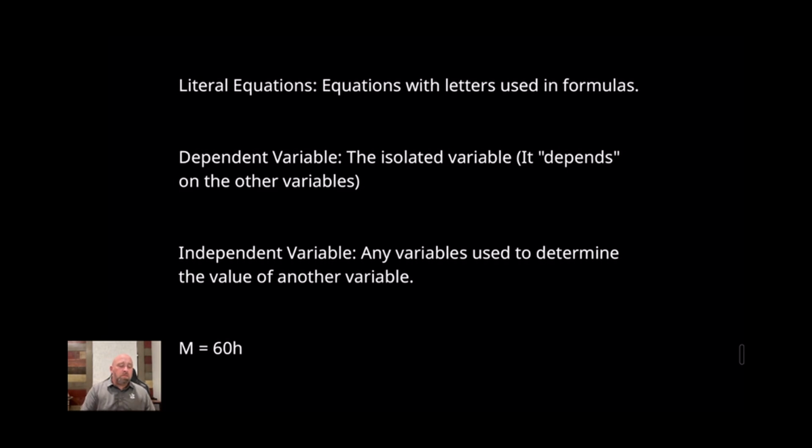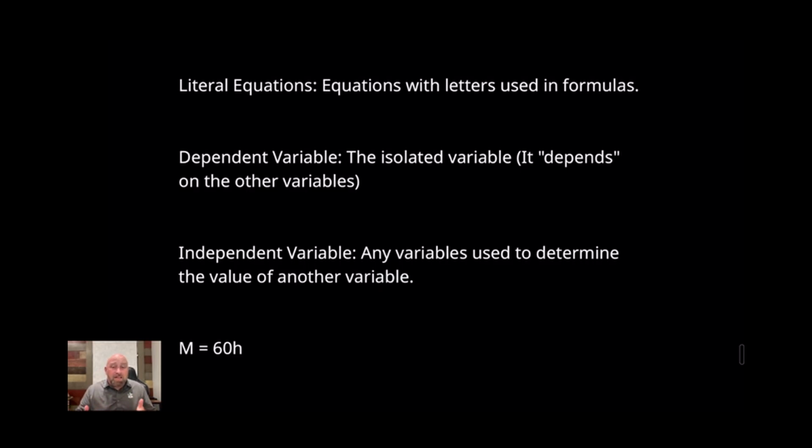The independent variables are the other variables, the ones that are together, the L, W, and H. Those are all independent variables because they don't depend on anything. I guess they depend on the size of the object, but in the question, they don't really depend on anything because they are what they are.